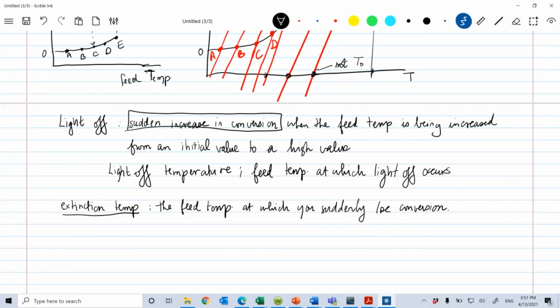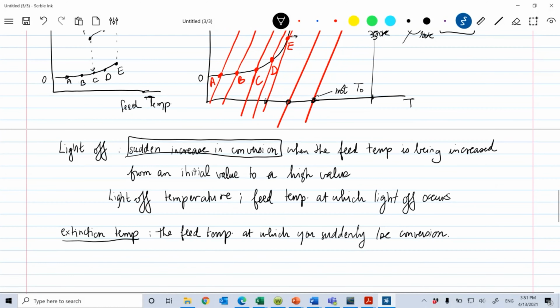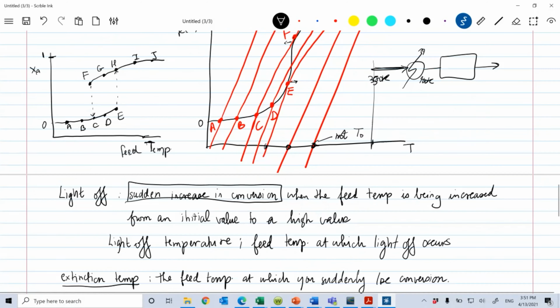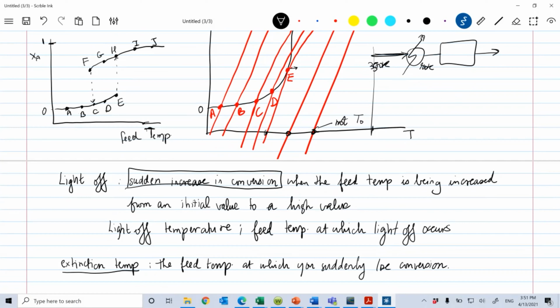In this case, your extinction temperature would be the feed temperature that operates at point C. Because if it goes ever so slightly to the left of point C, the reactor basically shuts down. Instead of point F, it operates at point C. So that's what I wanted to clarify here. The extinction temperature and the light off temperature are feed temperatures, not reactor temperatures. Because these are the ones you can control.